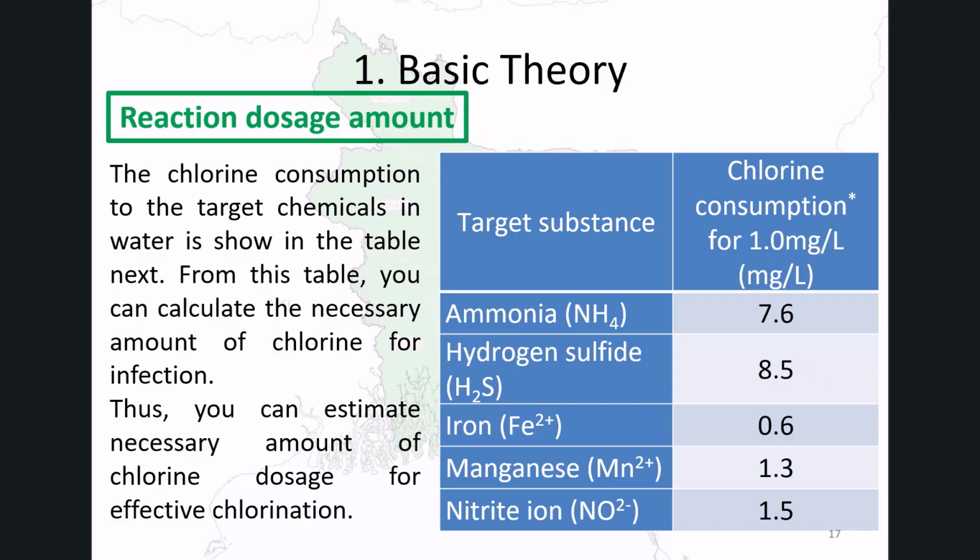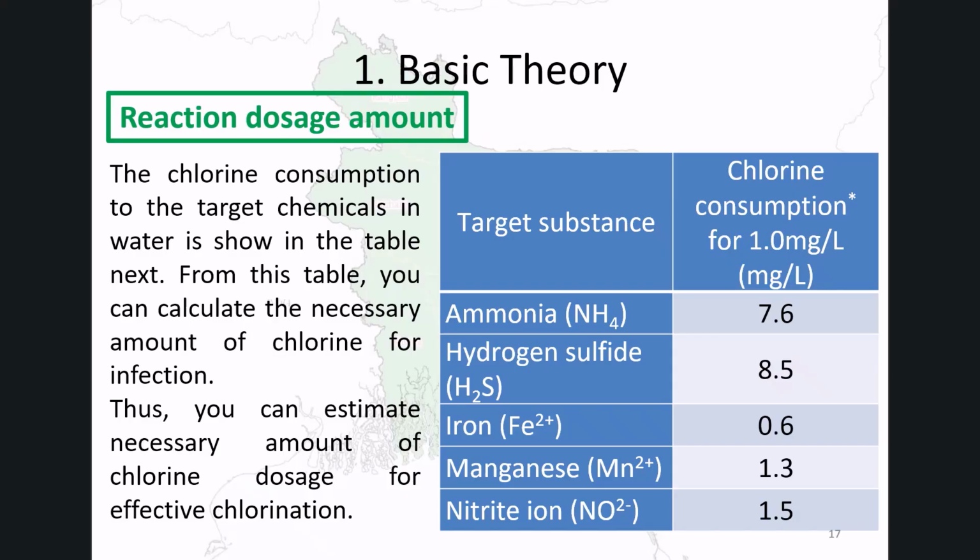It requires 7.6 milligrams of chlorine for oxidation per 1 milligram. Iron and manganese also consume chlorine, although to a lesser extent. Nitrite and hydrogen sulfide also contribute to chlorine demand.